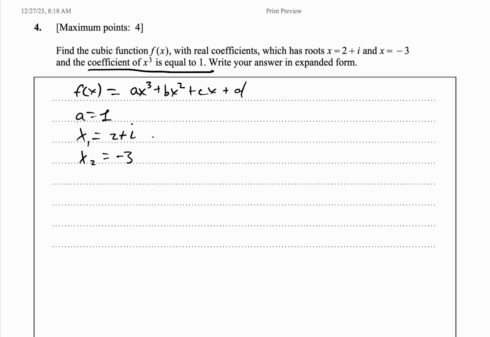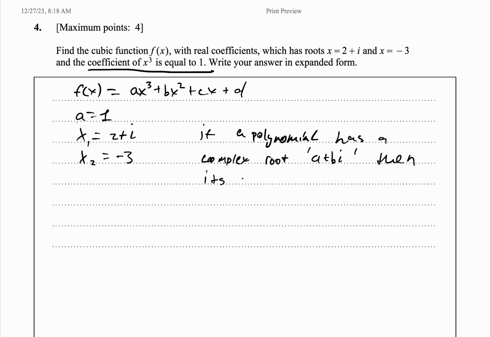But we do know that, and it works for all cases, if a polynomial has a complex root a plus bi, let's just say, then its conjugate a minus bi is also a root of that polynomial.